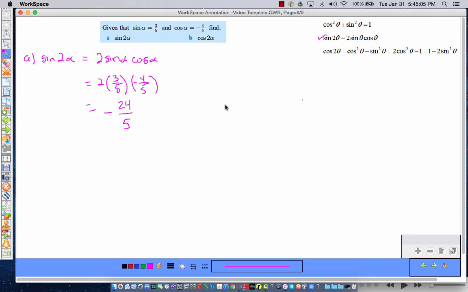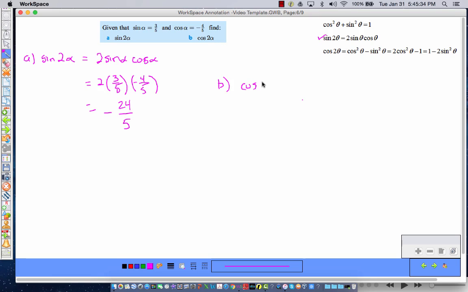Now, don't get too excited here about the easiness of this, because this is really just getting you used to the double angle formulas. We'll be using them for substitution, again, to make things easier. Okay, cosine 2 alpha. Well, we have lots of choices here. We can use any of these because we have both sine and cosine. I'm going to use the first one.